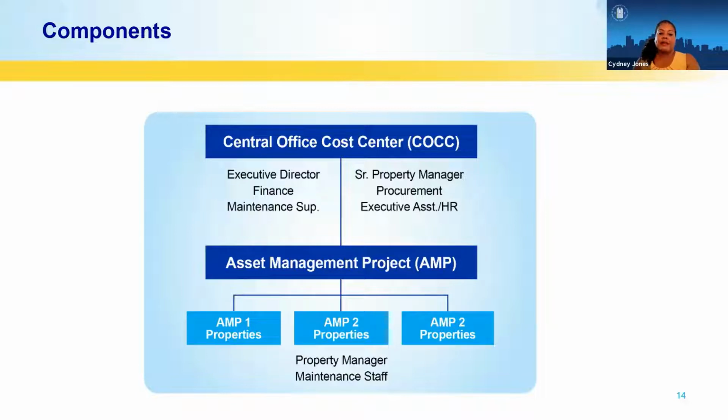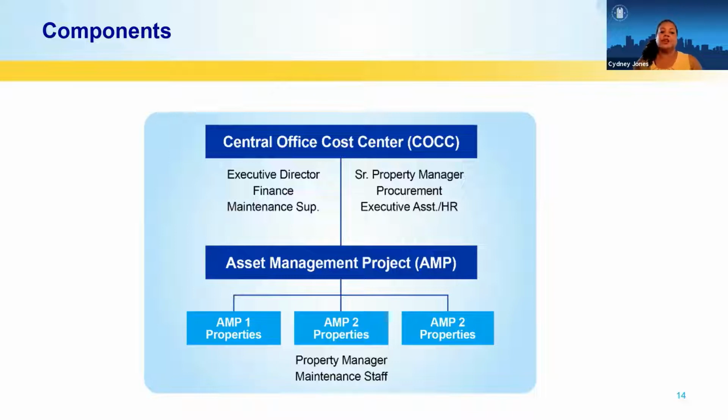The purpose of asset management is to make sure all the money doesn't go to the central office paying high salaries for folks who are sitting in the office, versus making sure that money flows to the property to make necessary repairs and upkeep and maintain those properties in a manner that is safe, decent, and sanitary.